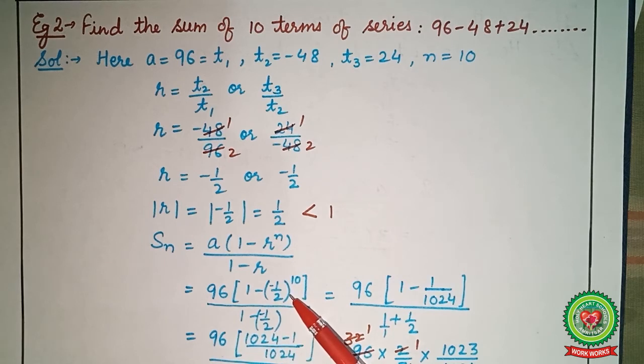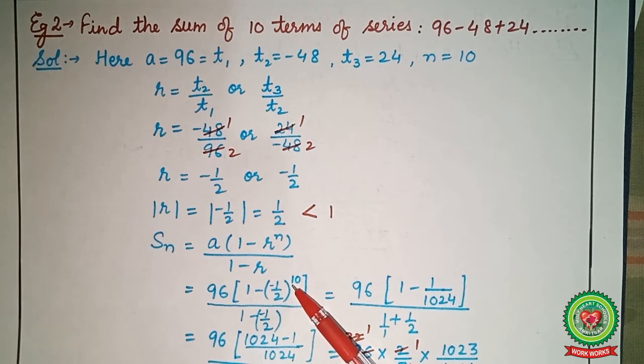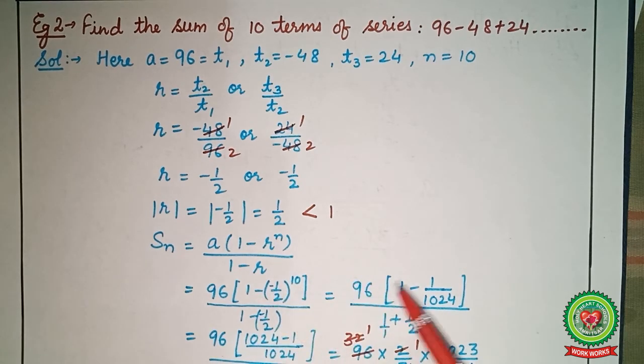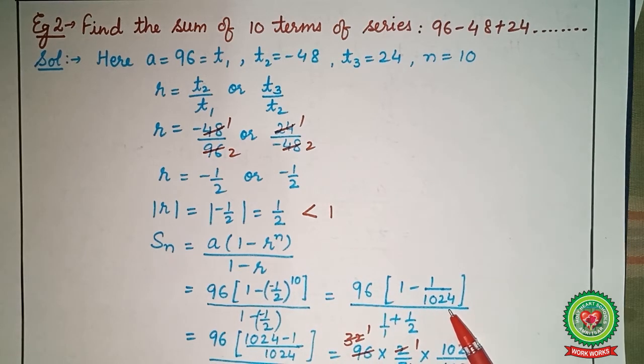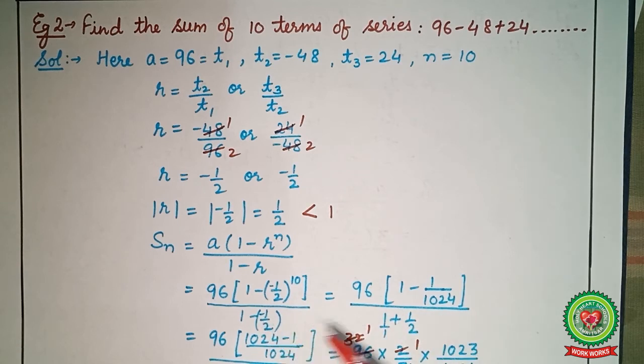When you solve it, the minus will change into positive because of the even power. So it is 1 upon 2 multiplied 10 times, so we get 1024. And in the denominator it becomes 1 plus 1 by 2.